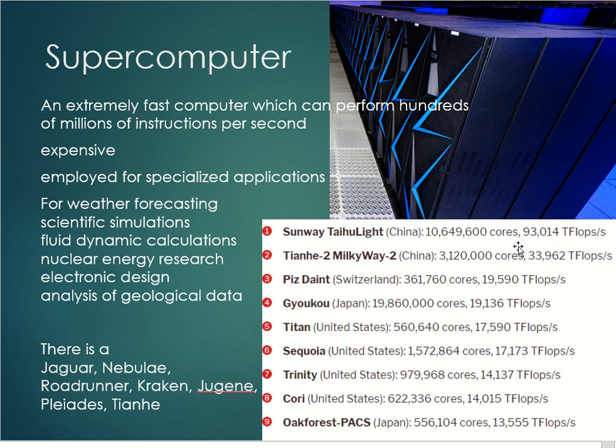Flops means floating point operations. Floating point means numbers with decimal places. You know that when you are dealing with numbers with decimal places, you have to pay attention to that decimal place.